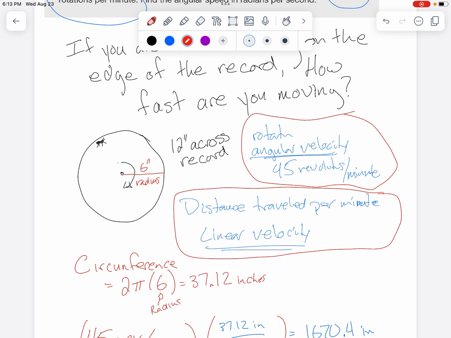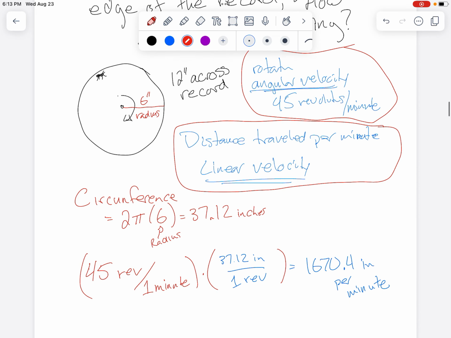And so for this ant, we've got what's the distance around the record on one revolution? Well, that's the circumference, and that's 2 pi times the radius, which ends up being 37.12 inches. And so your angular velocity is 45 revolutions per minute.